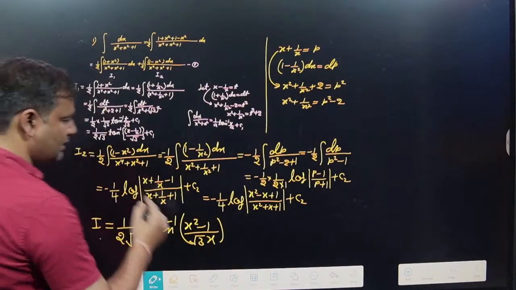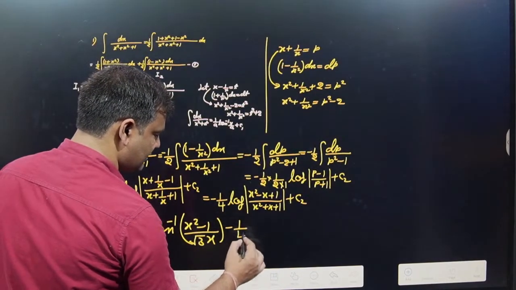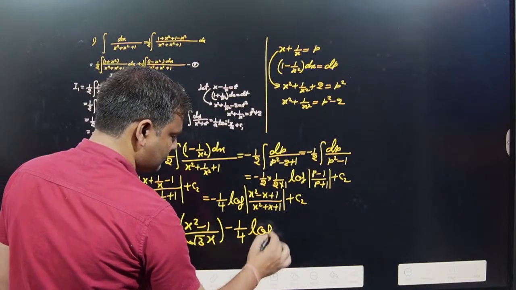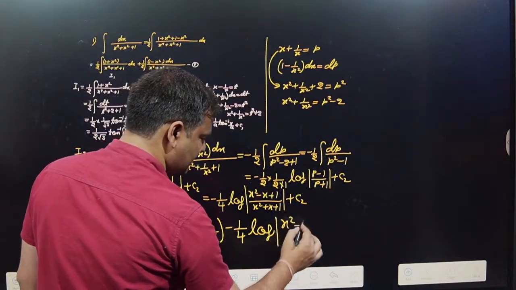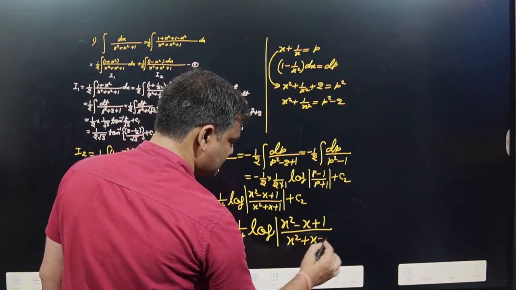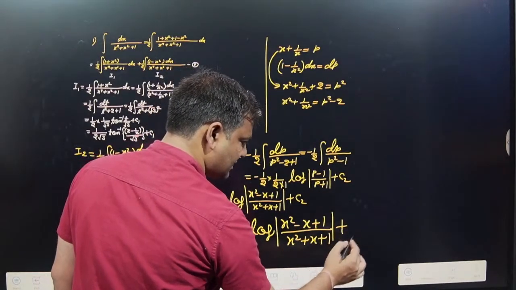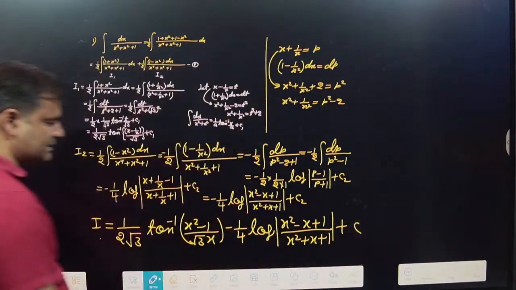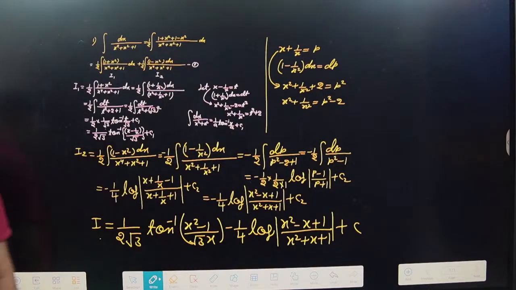Okay. And I2 is minus 1 by 4 into log of (x square minus x plus 1) divided by (x square plus x plus 1) plus C1 plus C2. This is the right answer. Make it.